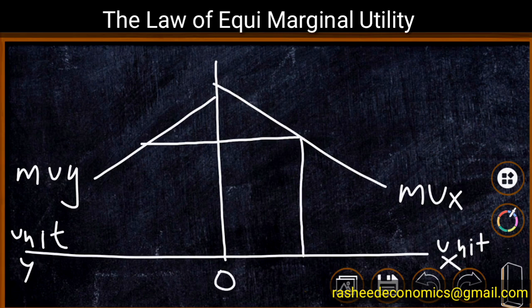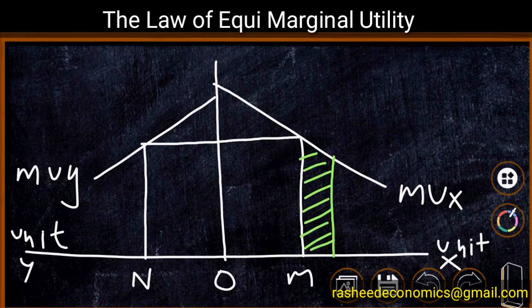The consumer is consuming OM unit of X plus ON unit of Y. Here this is the point of equilibrium. Different levels of X and Y are consumed. Suppose the consumer increases the consumption of X by 1 unit, this much will be the consumption of X, and the consumer will have this much amount of gain in utility.